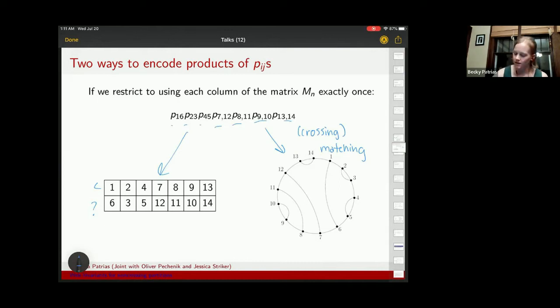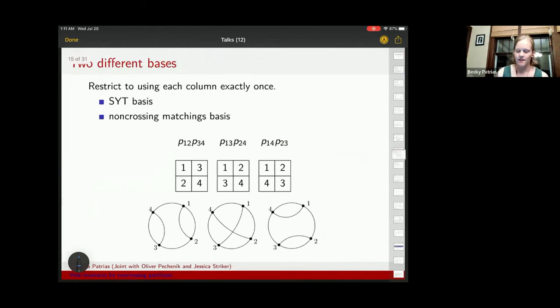So that's the two kinds of objects I'm getting if I restrict to using each column of my matrix of variables exactly once. So what happens then if I want to think about a basis in this restricted space? Well, then my basis consists of the set of standard Young tableaux of shape m,m and a set of non-crossing matchings. So for example, if n is 4, I'm looking at two-fold products. I have 3 of those, which I see in the first line, corresponding to these 3 tableaux I see in my second line.